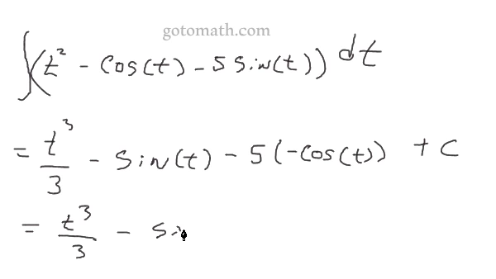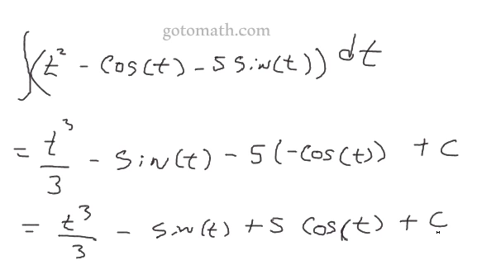Minus sine t, and we have a minus, and a minus becomes a plus 5 cosine t plus c. Now remember, we can always take the derivative of this and check our work.